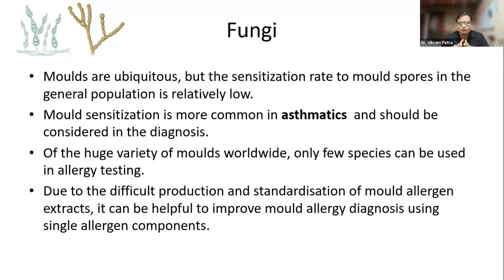Of the huge variety of molds worldwide, only a few species can be used in allergy testing. The most difficult part is that mold extracts are very difficult to produce, and standardization of mold allergen extracts is very poor, even with the international allergens. That's why, to improve mold allergy diagnosis, we have to use these allergen components.